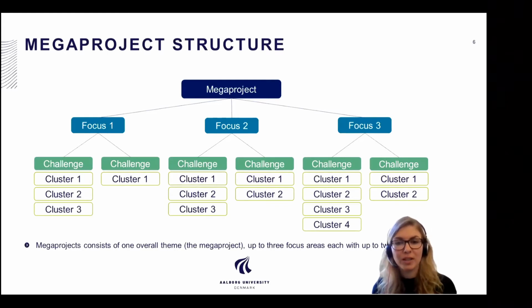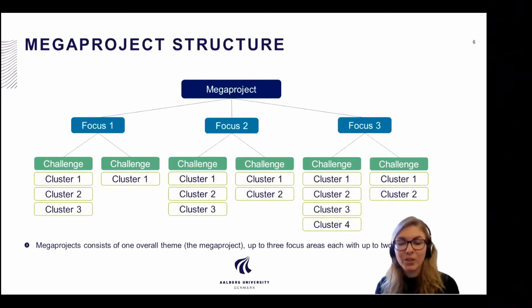These focus areas can have up to 2 challenges each. And the challenge is what you are going to look at. So the challenges are what you should look into and research. What would you like to work on within the mega project? That's the challenges. And under these challenges, there can be different clusters.